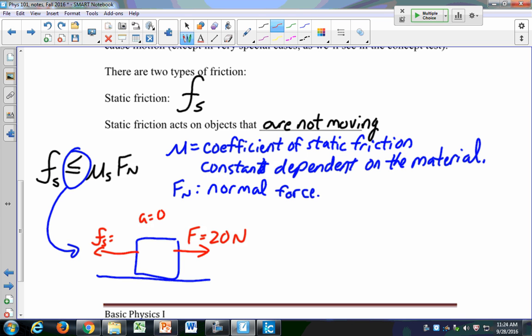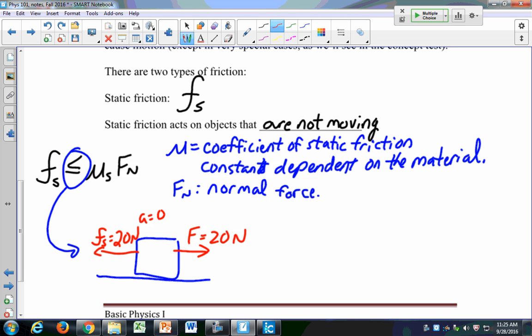If I have no acceleration, my net force must be 0, so the frictional force is 20 newtons. It has to be equal and opposite. So I'm pushing on this thing with 20 newtons. That's about, what, 5 pounds of pressure. Is it moving? No. So the frictional force must be 20 newtons in that direction.